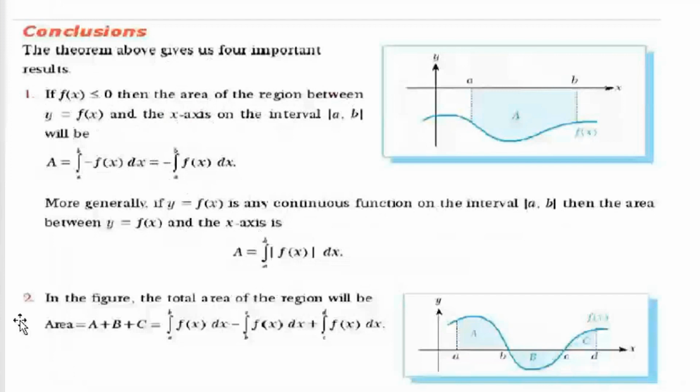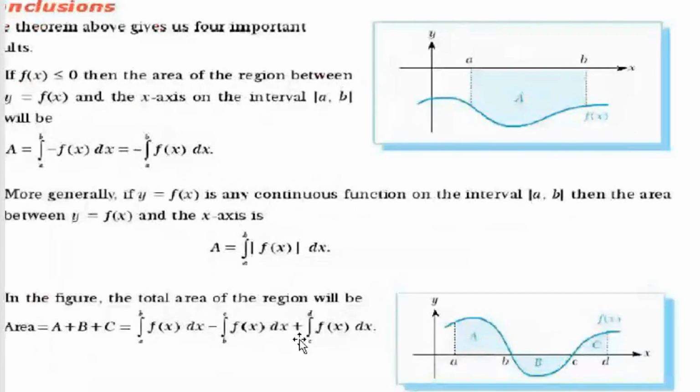So in number two, in the figure, the total area of the region will be A equals A plus B plus C, which is equal to the integral of f of x dx evaluated from a to b, minus, it's minus because the area B here in the graph is below the x-axis, minus the integral of f of x dx evaluated from b to c, plus the next area there, which is C, we have the integral of f of x dx evaluated from c to d.